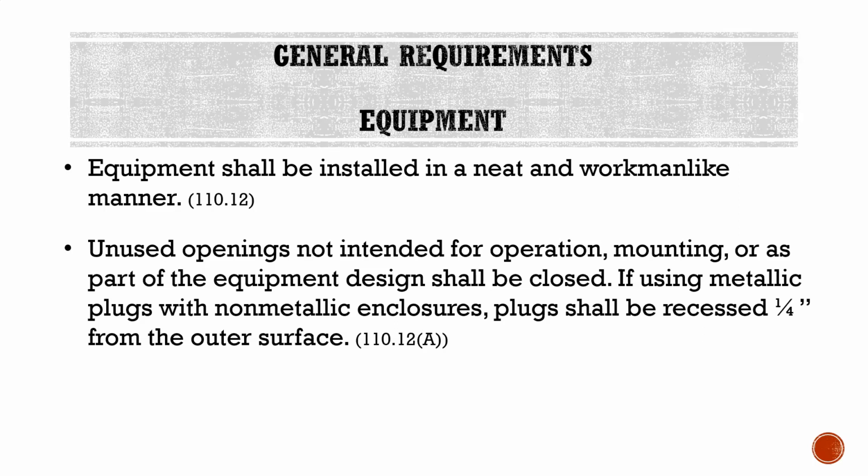However, if we use a metallic plug with that non-metallic enclosure, that metallic plug is conductive and it could become energized if an uninsulated current carrying conductor made contact with it, and thus if someone were to touch the plug itself in that situation, they could be shocked or electrocuted. So we have to recess that plug from the outer surface of the box or equipment where someone would be likely to touch it in order to kind of prevent them from touching it.